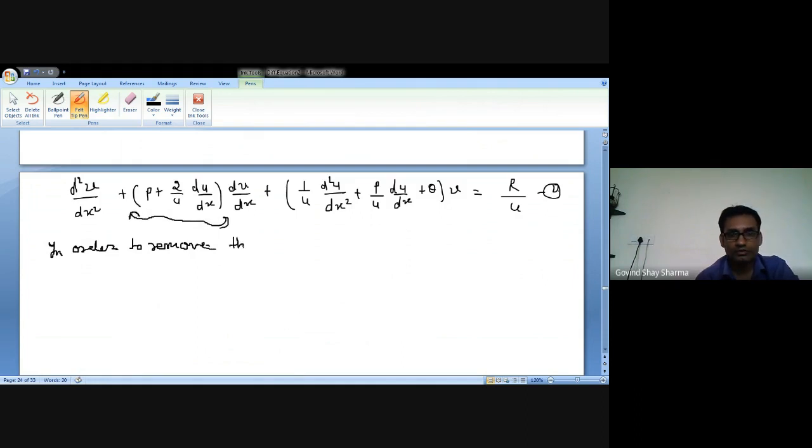So the coefficient of dv upon dx we set equal to 0. We put p plus 2 upon u du upon dx equal to 0. So we can find 2 upon u du upon dx is equal to minus p.